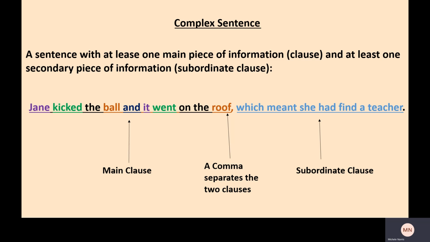So Jane kicked the ball and it went on the roof, which meant she had to find a teacher. So it's giving you that additional information to help it make sense.